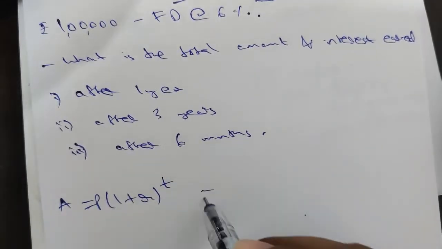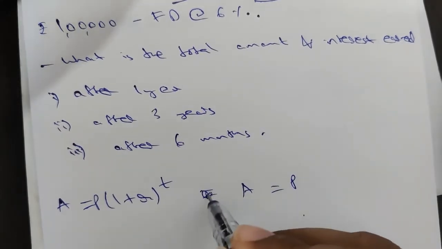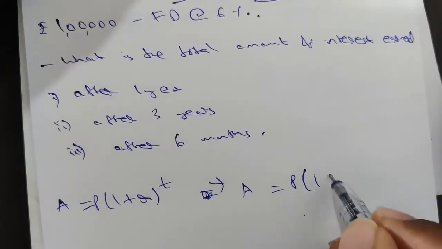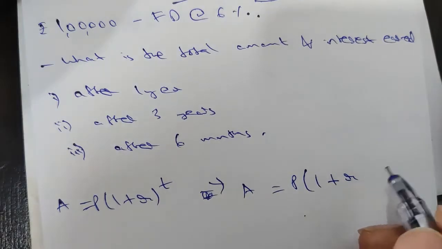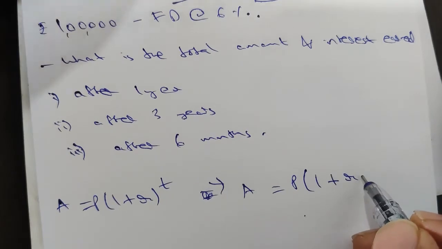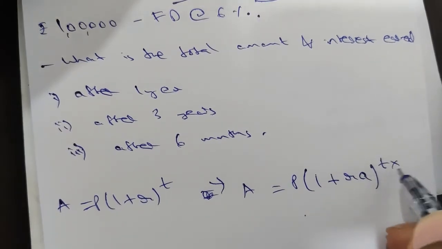Now in many books we will see this formula has been modified, just to give you, like A equals P(1 plus r by n) to the power t into n, if we use a symbol, suppose n.